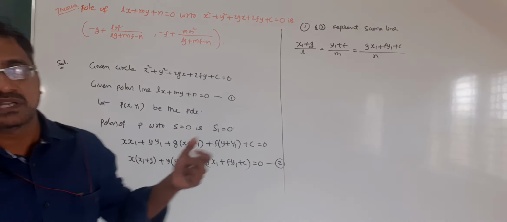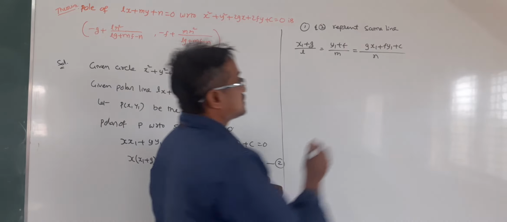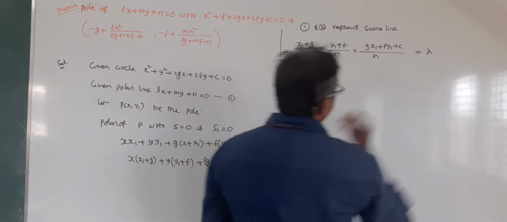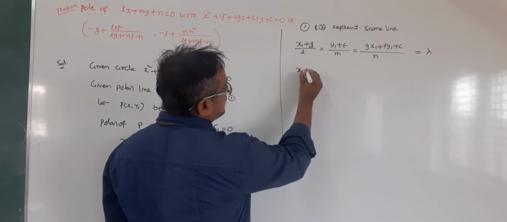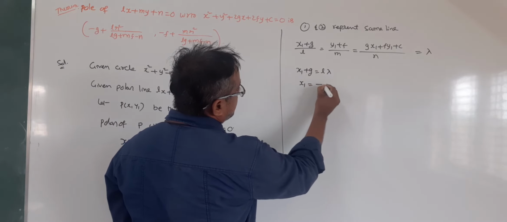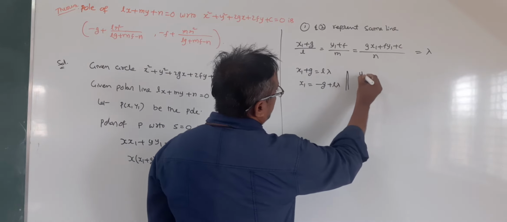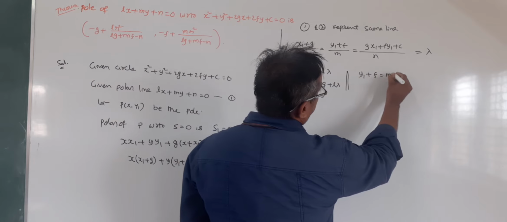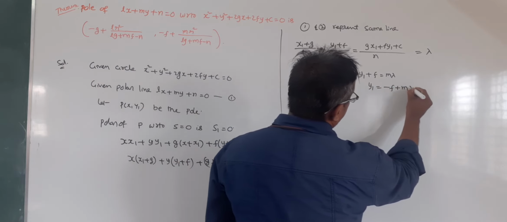That is a1 by a2 is equal to b1 by b2 is equal to c1 by c2. Now let this ratio be equal to lambda. So x1 plus g is equal to l lambda, x1 is equal to minus g plus l lambda. y1 plus f is equal to m lambda, y1 is equal to minus f plus m lambda.